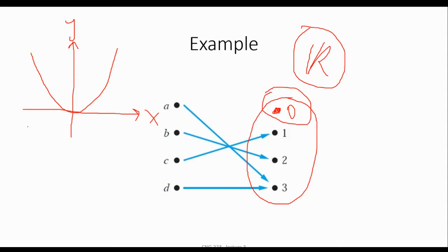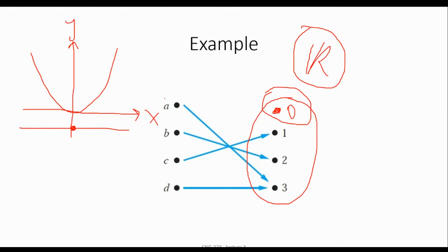Because if I draw a line parallel to x, I can find some points which are not inside the range. If you can find such points where the line doesn't cut the function at any point, then that is a counterexample showing this is not an onto function.